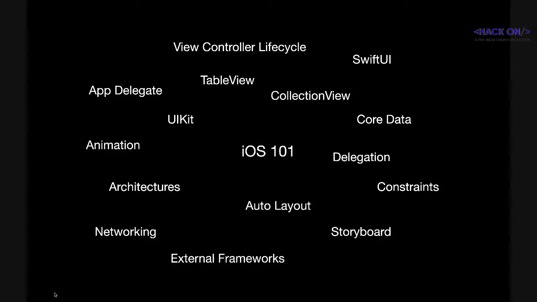And then there is SwiftUI, a new framework introduced by Apple, which is kind of a replacement of UIKit, not exactly, but yes. With fewer lines of code, you can implement complex UI and all that SwiftUI offers.